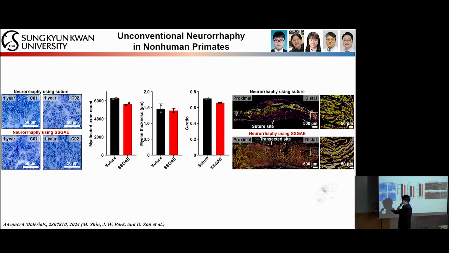And as shown in this longitudinal immunofluorescence image, the alignment of the neurofilament was clearly shown in both cases. And also the axon was fully covered by the Schwann cell. So to sum up, our new method, the new neurotherapy, is highly feasible for replacing the conventional suturing neurotherapy.